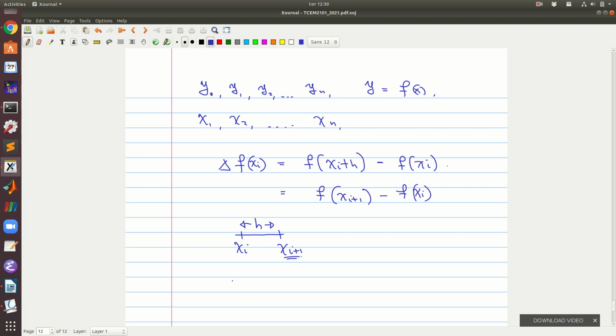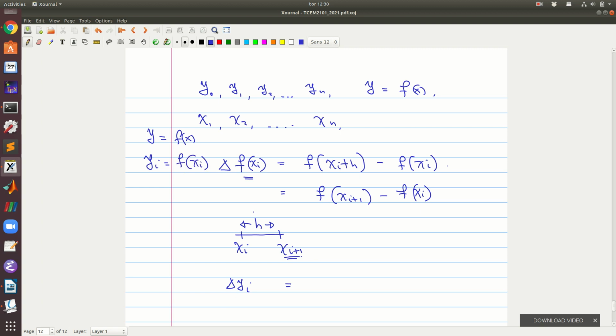We can also write this, just terminology, because f of xi, we can say it is yi. Since y equals f of x, then we can as well say yi is f of xi.